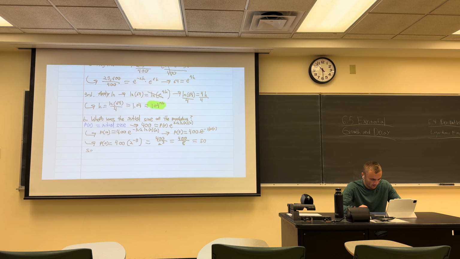So 50 was the initial population size. We just, again, used what we found in part A and plugged that in to the problem here.